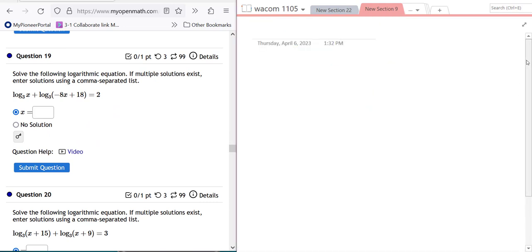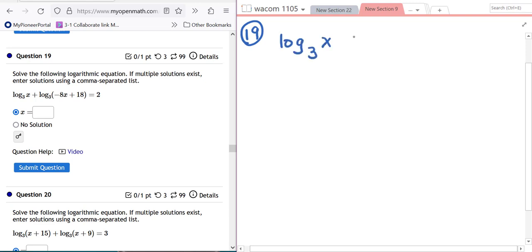And this one, it actually is still just going to have a log on one side, but we have to condense first, and then we will still work it the same way. So log base 3 of x plus the log base 3 of negative 8x plus 18 equals 2.